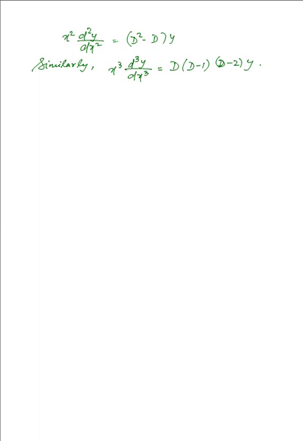So considering the case where we are taking an equation of the form, supposedly in the second order form, and we have x squared d2y upon dx squared minus 2x dy over dx minus 4y, and that is equal to 0.